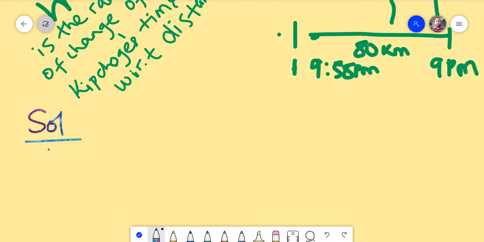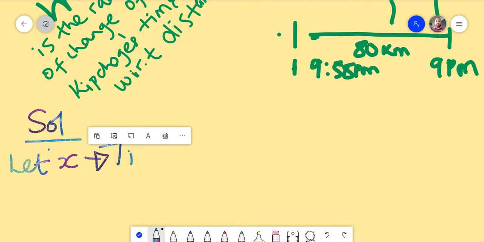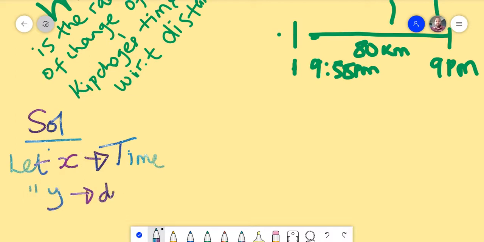First of all, I'll just use symbols. So we're asked for Kipchoge's time with respect to distance. So I'll say let x be time, and let y be distance.